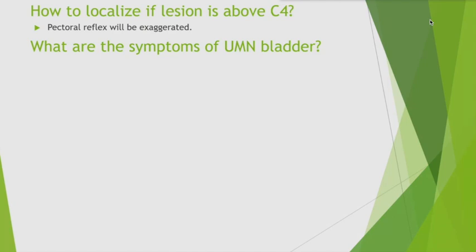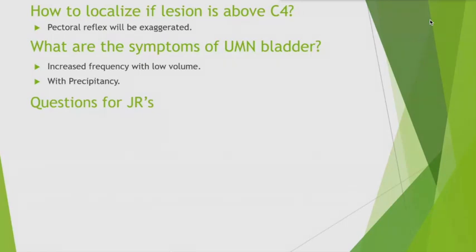Precipitancy means the patient has a desire to pass urine. Sensation is there. The patient moves to the urinal, and even before reaching there, urine comes out. That means they don't have the capacity to hold urine. That's called precipitancy. That's a sign of an upper motor neuron bladder. So increased frequency, low volume, maybe with precipitancy.